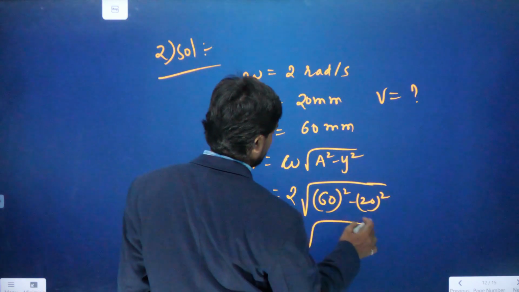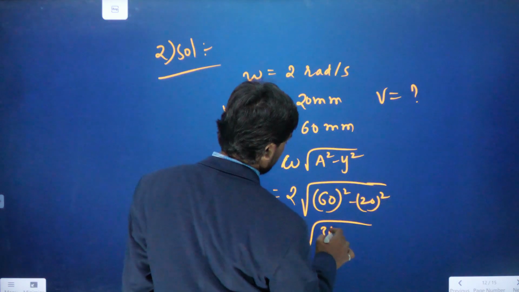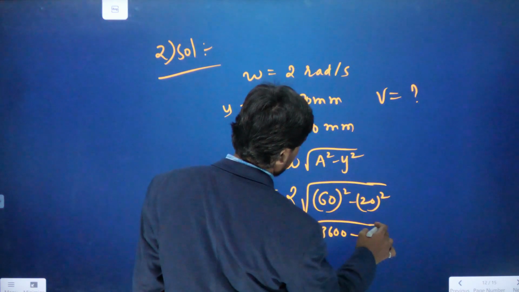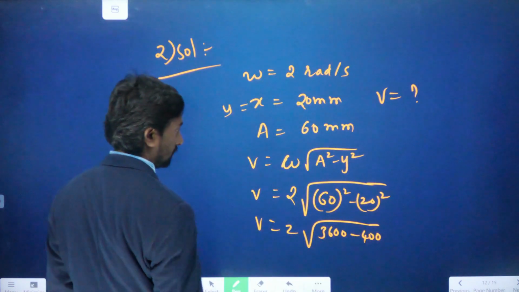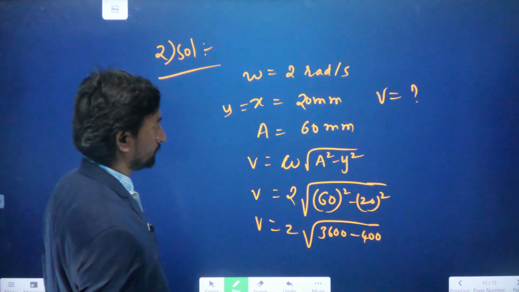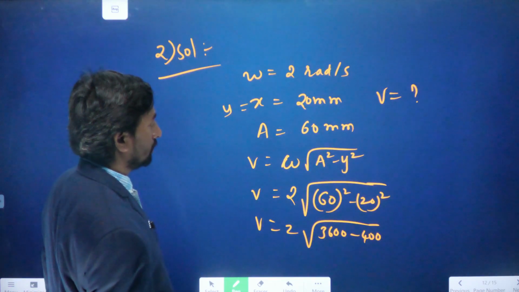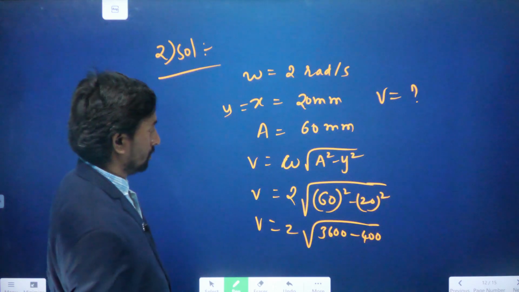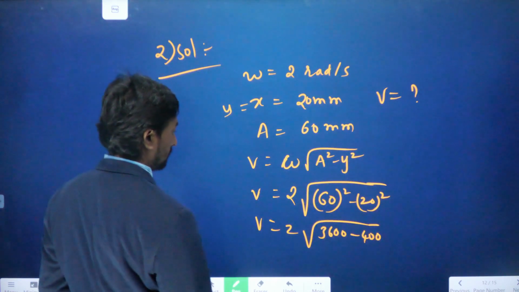Then 2 into, here we can write 3600 minus 400. 20 into 20 is 400, 60 into 60 is 3600.